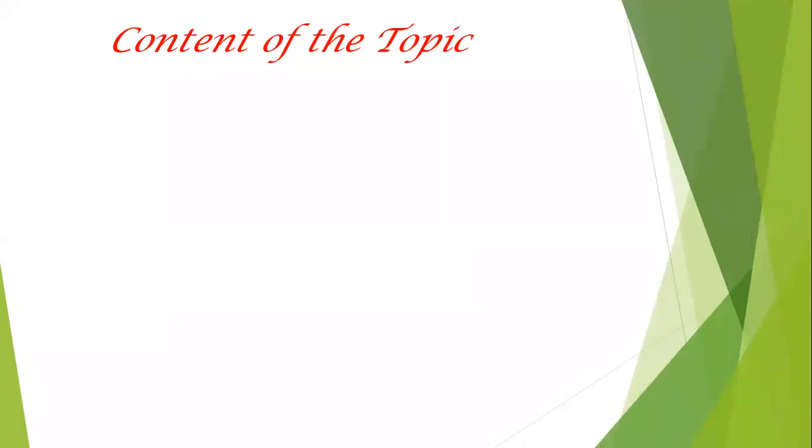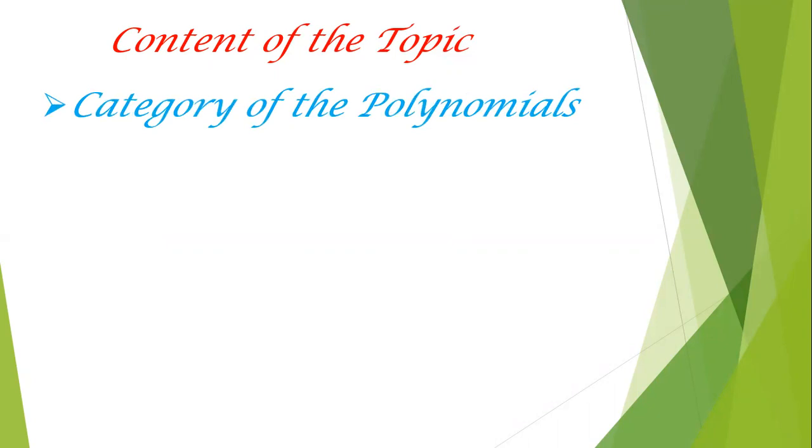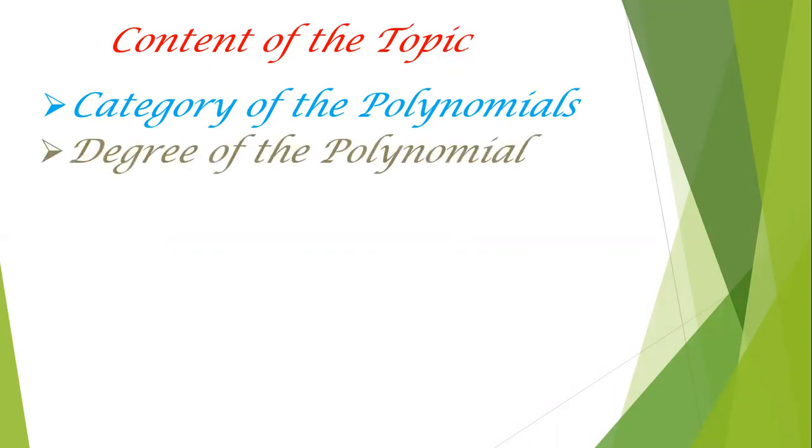Okay, children, before going to the topic, we have to know what contents are included in this topic. First of all, we are going to learn about the category of the polynomials, how they are categorized, and the degree of the polynomial.